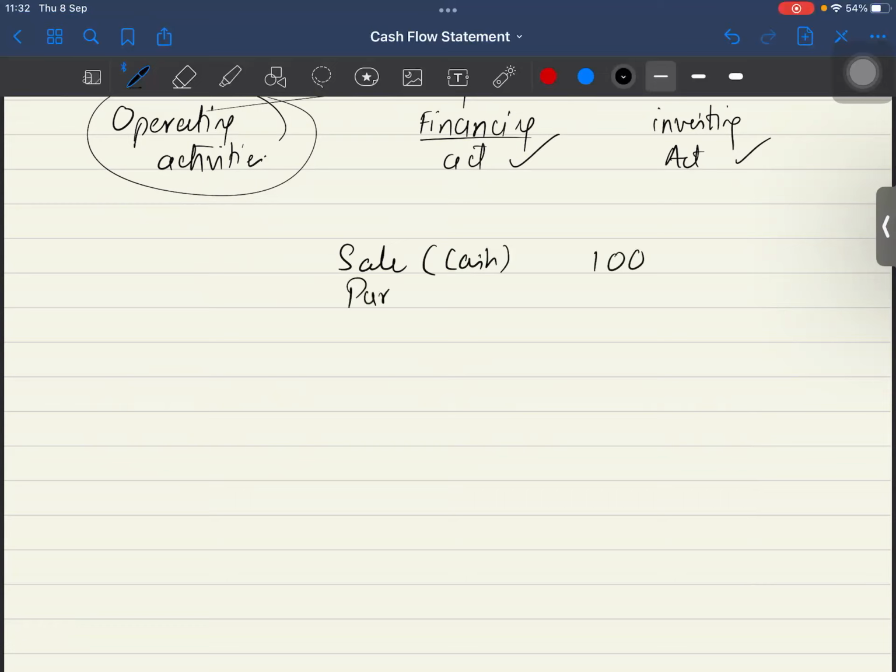I have made a purchase of, say, 80 rupees. I will be left with 20. Other expenses are also there. Let's say all the operating expenses are 15. I'm just taking hypothetical numbers for example. And I have depreciation of 5 rupees. 10 will be my profit.